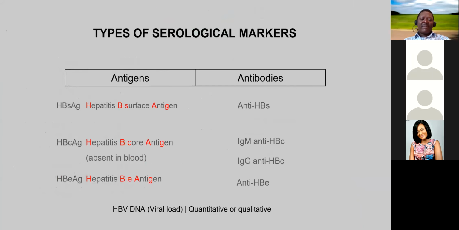The types of serological markers are the surface antigen, which of course is released in excess in the blood of infected individuals. That will persist. It is only a few cases that will actually be cleared after they are treated, but that persists almost for a lifetime. The core antigen is not detectable in blood.